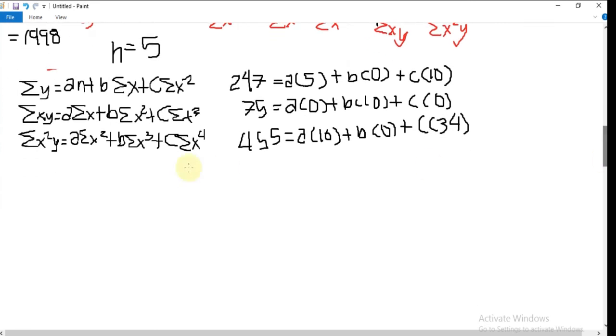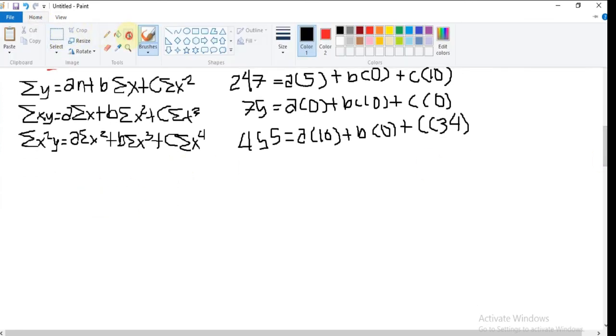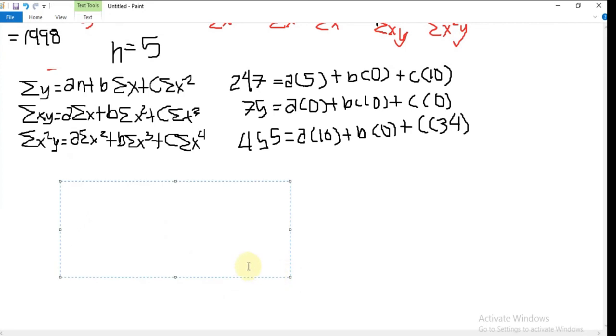Now simplify and type it: 247 equals 5a plus 0b plus 10c. 75 equals 0a plus 10b plus 0c. And 455 equals 10a plus 0b plus 34c.